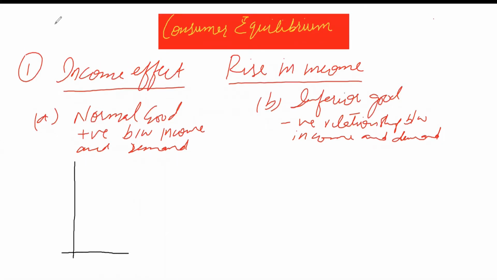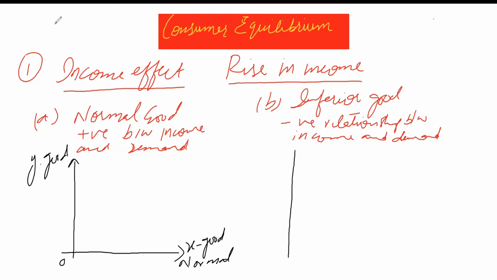Now let's see how these effects can be shown with the help of budget line and indifference curve by changing consumer equilibrium. In this figure, on the x-axis we are considering a normal good, or in the second graph, the right hand side graph, x good is considered as an inferior good.